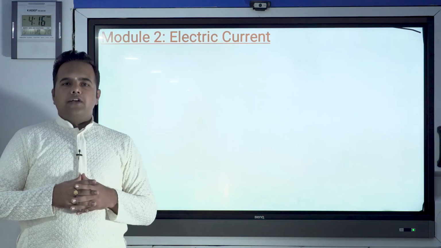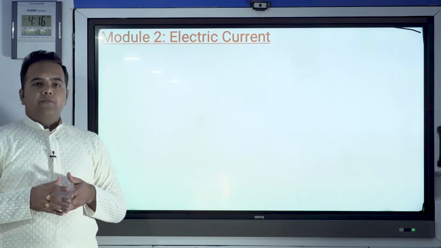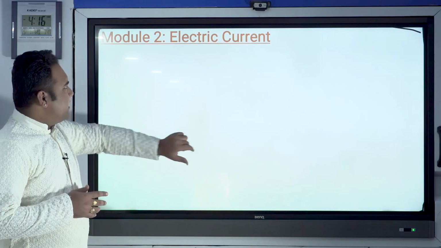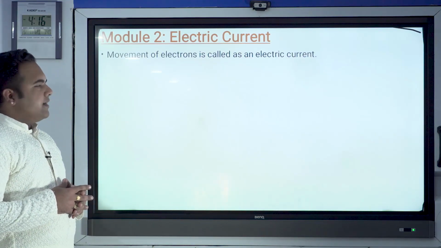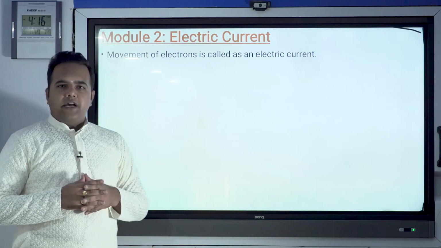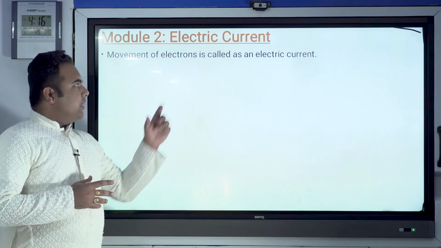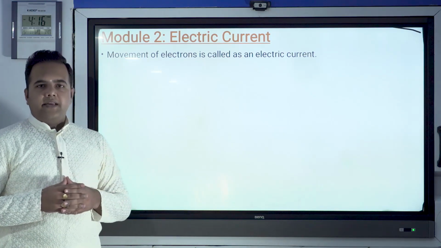So flowing water is called water current. Similarly, moving or flowing charges is called electric current. Movement of electrons is called electric current. Electrons are the basic charge carriers in our circuits, and whenever these electrons are moving in any circuit, we say that there is electric current.